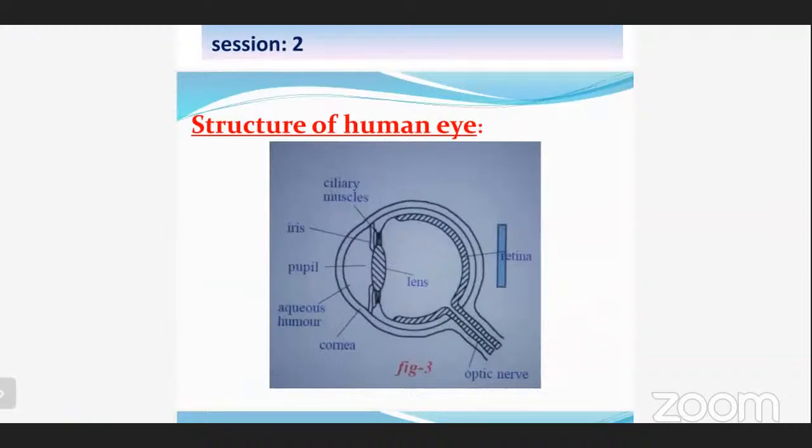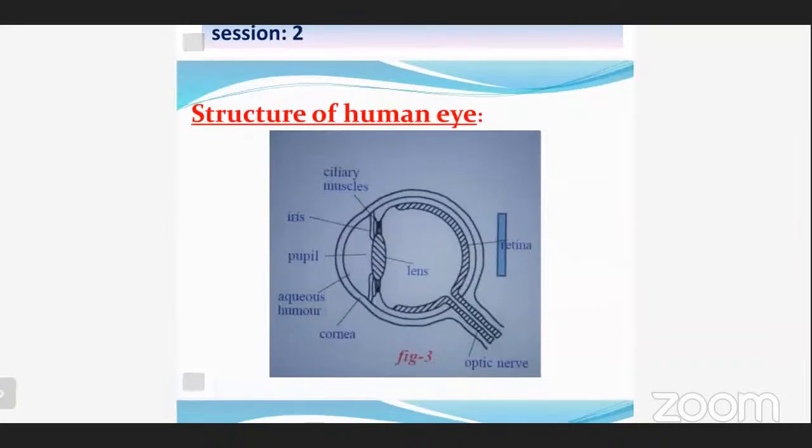And what is the work of the pupil? In low light conditions, the iris expands to let light enter our eye. In excess light conditions, it contracts the iris and stops the excess light from entering our eye.